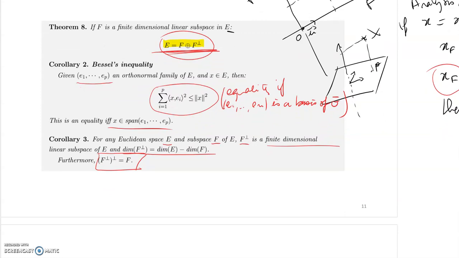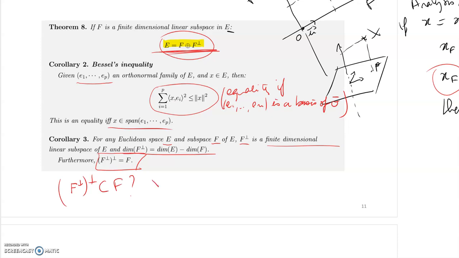Right. So how should we do? The first thing that we can easily prove is that the orthogonal of the orthogonal is going to be included in F. How can we prove that?